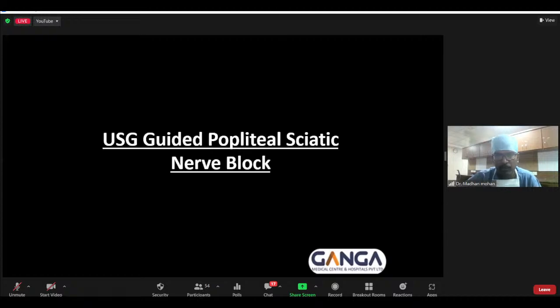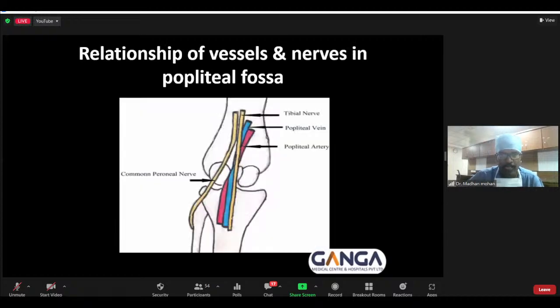Coming on to the USG guided popliteal sciatic nerve block. First of all, we'll know about the relationship of vessels and nerves in the popliteal fossa. Imagine this is a popliteal fossa. In the upper part of the fossa, the relationship of the neurovascular bundle from medial to lateral is artery, vein, and then the nerve.